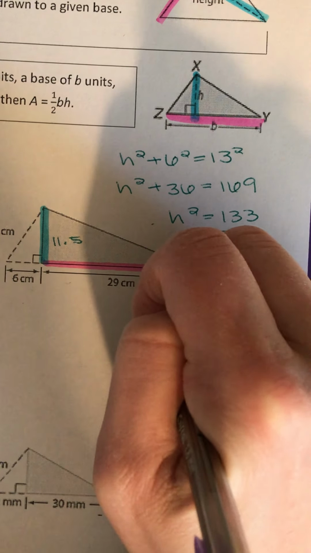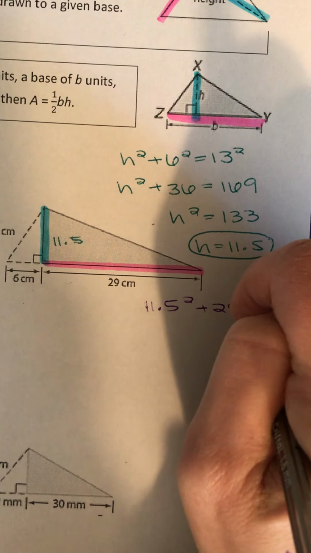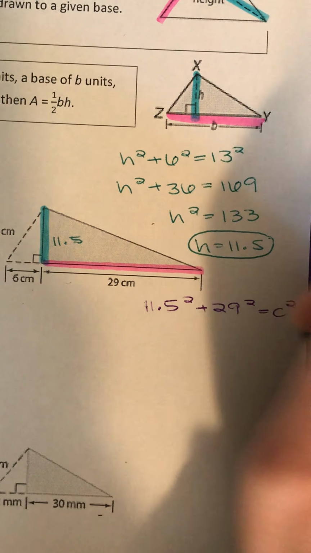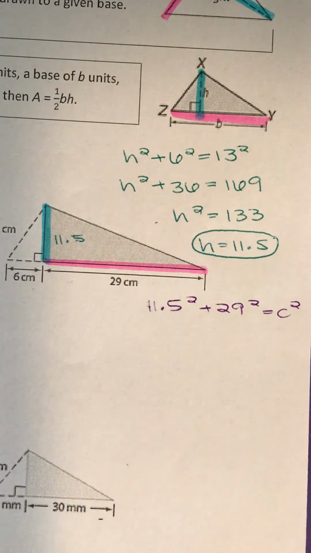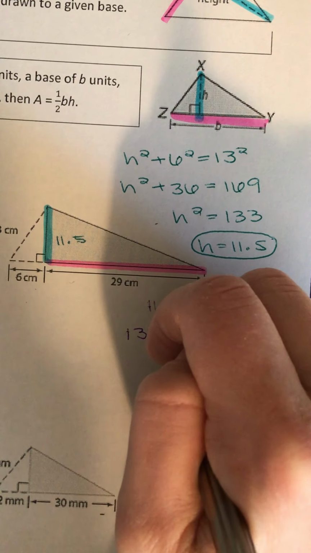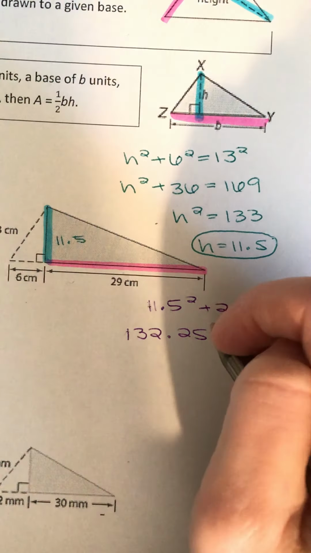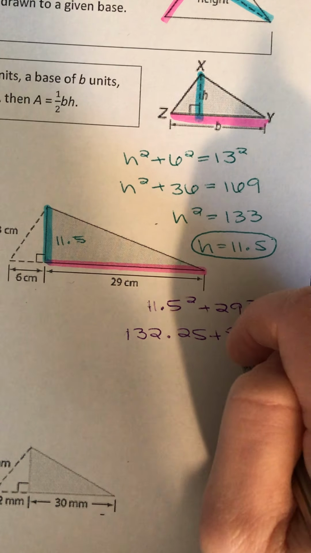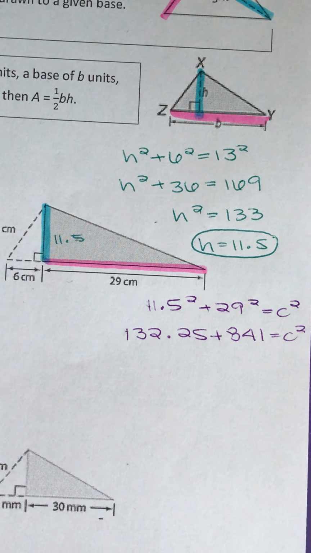So it's 11.5 squared plus 29 squared equals C squared. 11.5 squared is 132.25. 29 squared is 841 equals C squared.